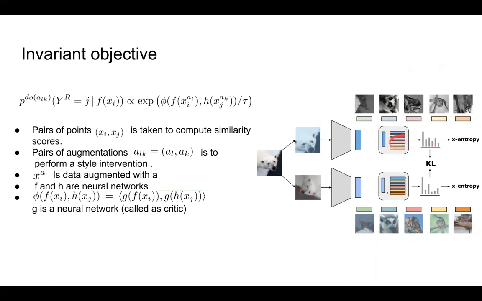So that's why we have 6 values here. Each value means the probability of whether XI and XJ are the same image. Is this clear?